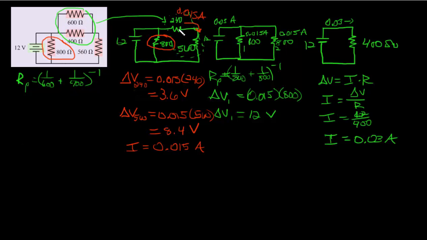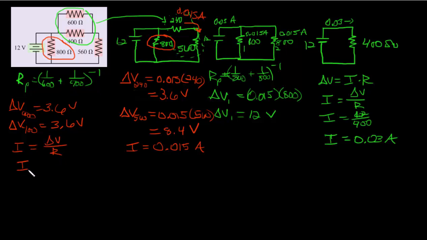Now we're going to go and use this one, because this one is made up of these parallel resistors. So we know that the potential difference across here is 3.6 volts. So we have 3.6 volts across the entire thing. And because they're in parallel, they have the same potential. So the potential difference across the 600 is 3.6 volts, and the potential across the 400 is also 3.6 volts. So all we need is the current. So the current is the potential divided by the resistance.